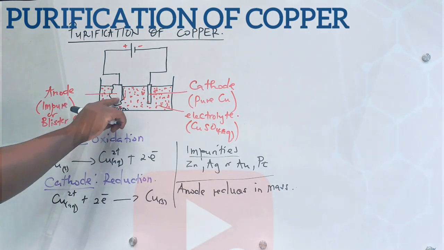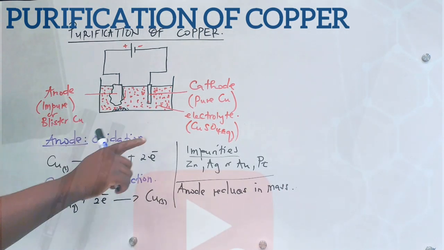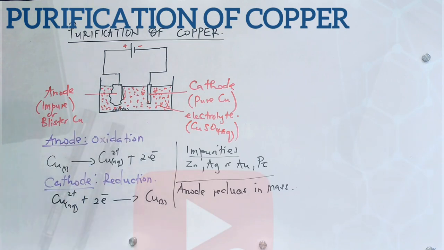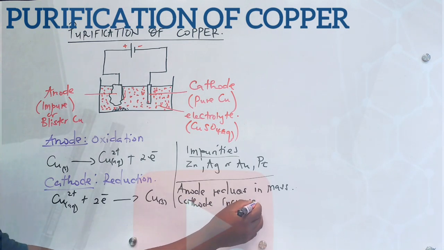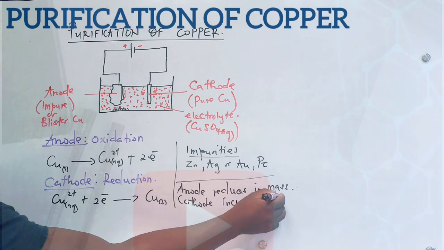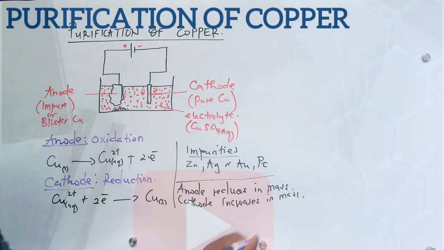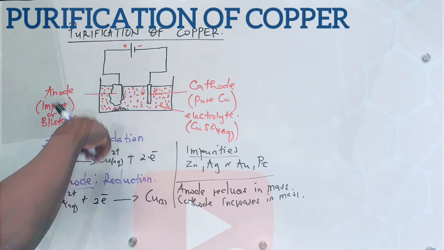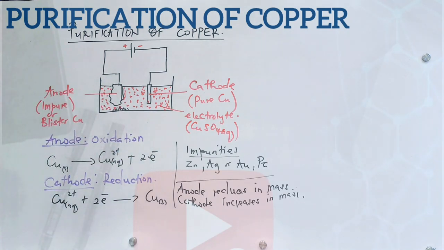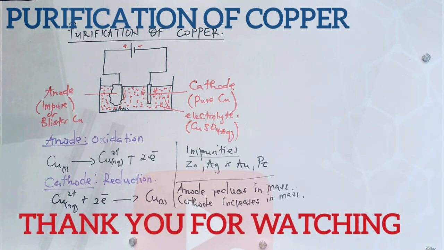Because the copper ions in the anode are being transferred and deposited to the cathode, and the cathode gains or increases in mass. Why? Because it is gaining the copper ions which are being deposited there to form solid copper. So this is the process of the purification of copper.